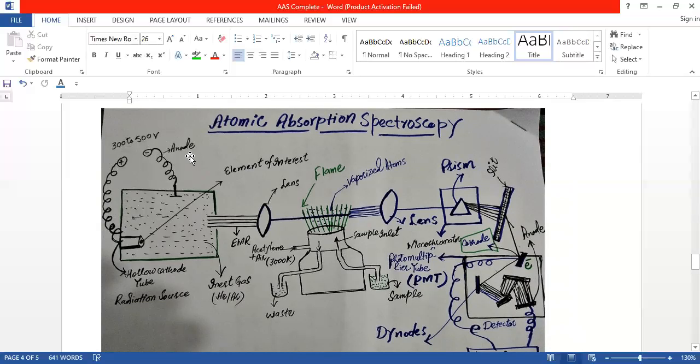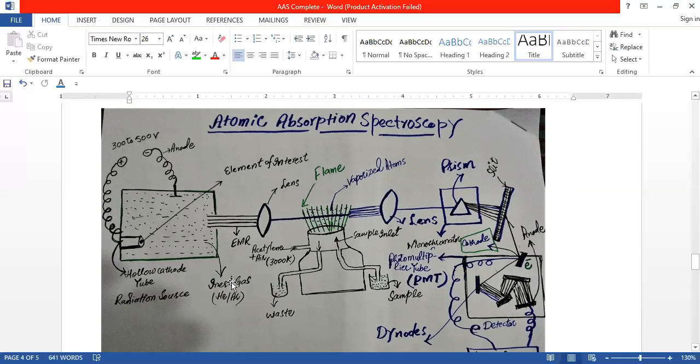After applying this much voltage, the anode will ionize the inert gases, like helium and argon, present in the radiation source.